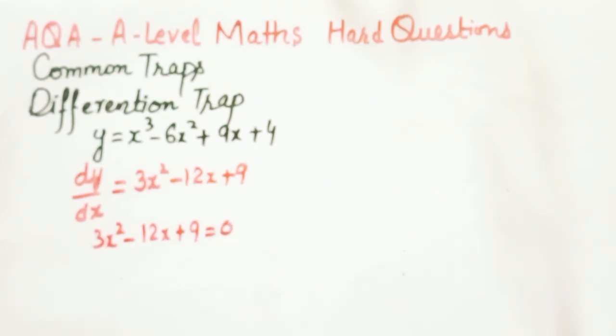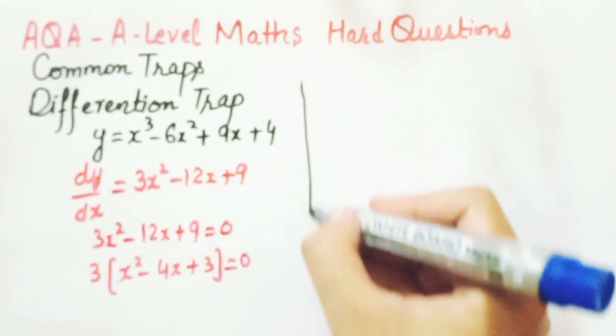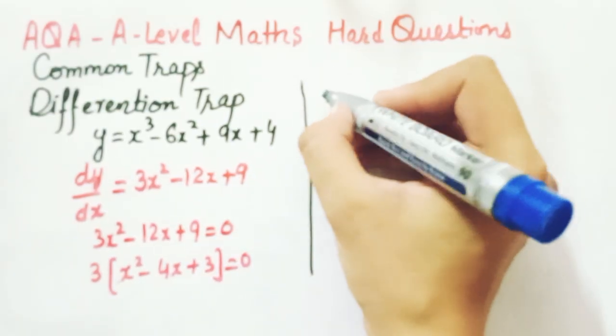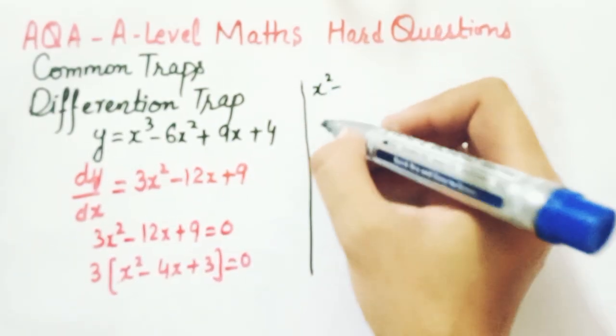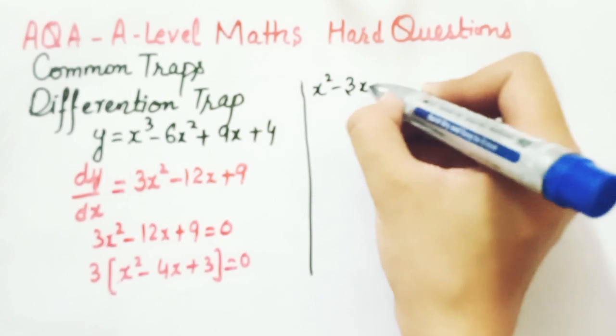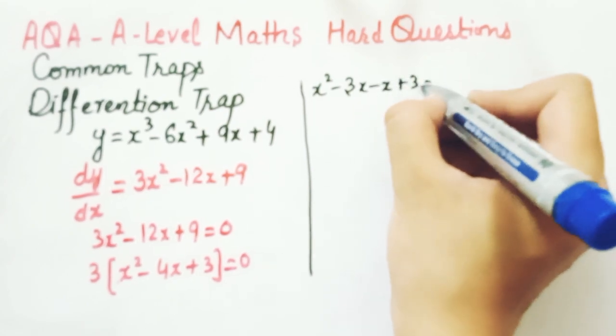Now we will solve this by factorising, first taking the 3 as common. So x squared minus 4x plus 3. We make the factors of 3 such that when added they give 4. So x squared minus 3x minus x plus 3 equals 0.